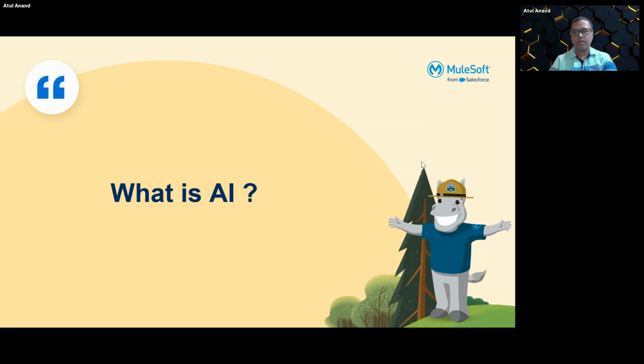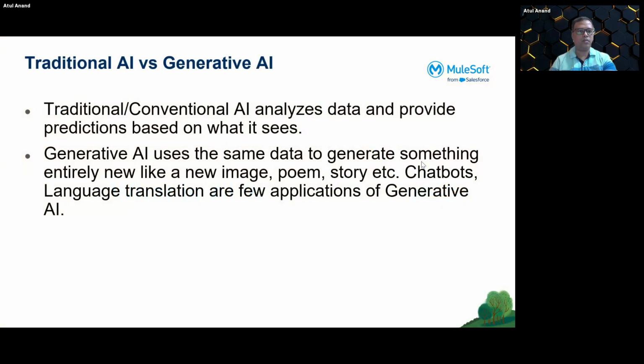Okay, moving on to traditional AI versus generative AI. Traditional AI, also called predictive or conventional AI, is where you give it a data set, and when you present a new image, it analyzes that pattern against the data set that has been uploaded to it and provides predictions based on what it sees.